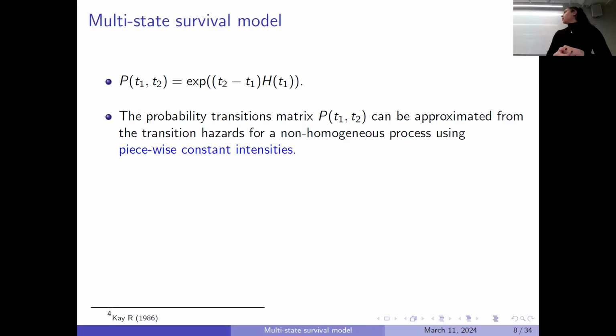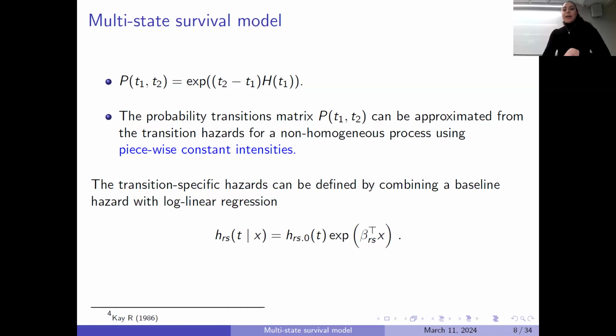Or it has also been proposed to have some sort of transformation with time. But another way to do it is just assuming piecewise constant intensity. What that means is that you assume that it's constant within an interval of time. And this interval of time, if you are in a clinical setup, can be the time that the patient comes to the clinic. So the follow-up.